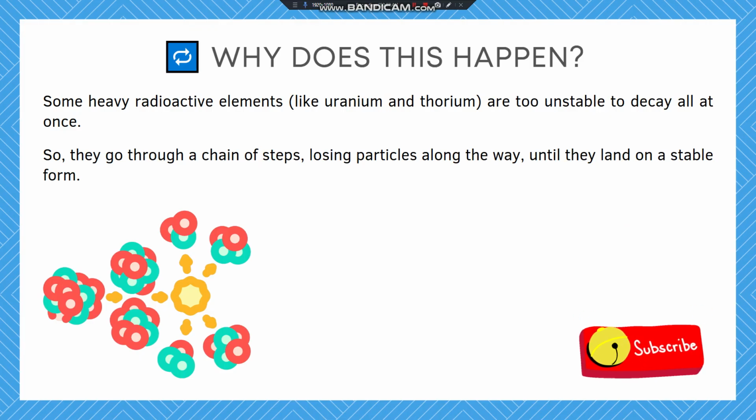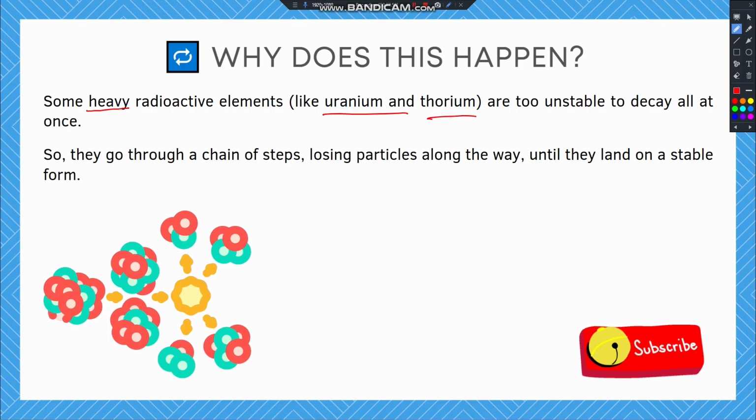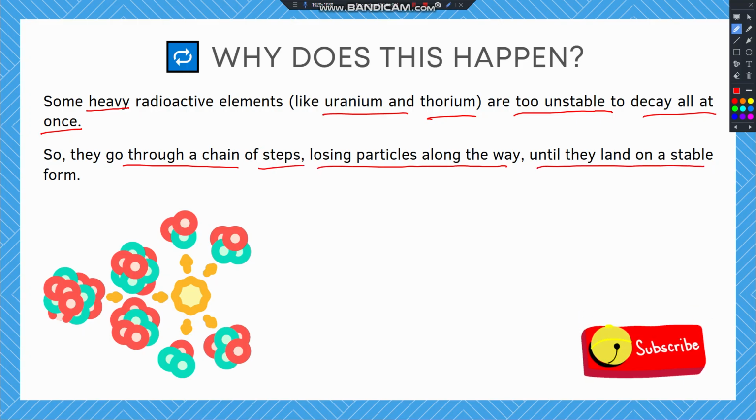Now, why does this happen? It happens because some radioactive elements are very heavy, elements like uranium and thorium, and they are too unstable to decay all at once. So they have to go through a chain of steps, losing particles along the way until they land on a stable form. Take for instance uranium.